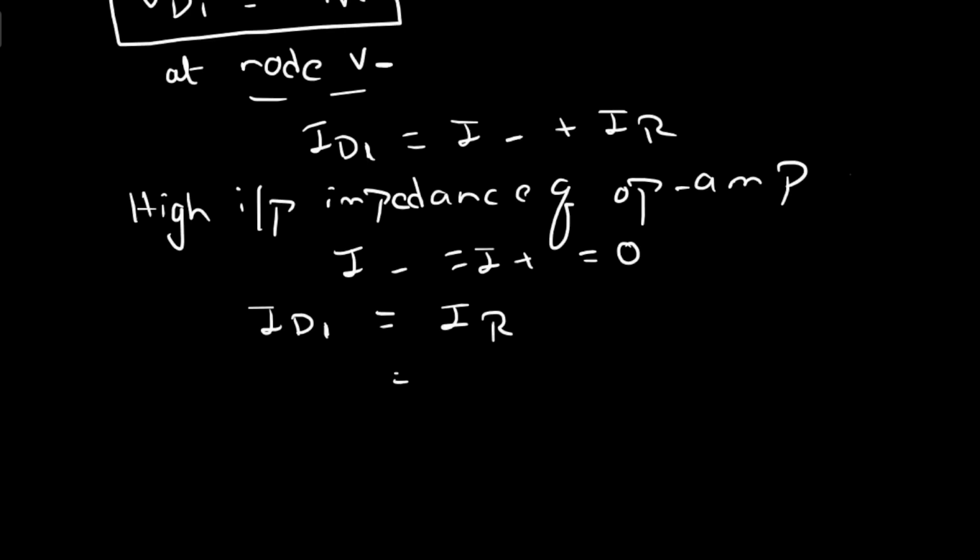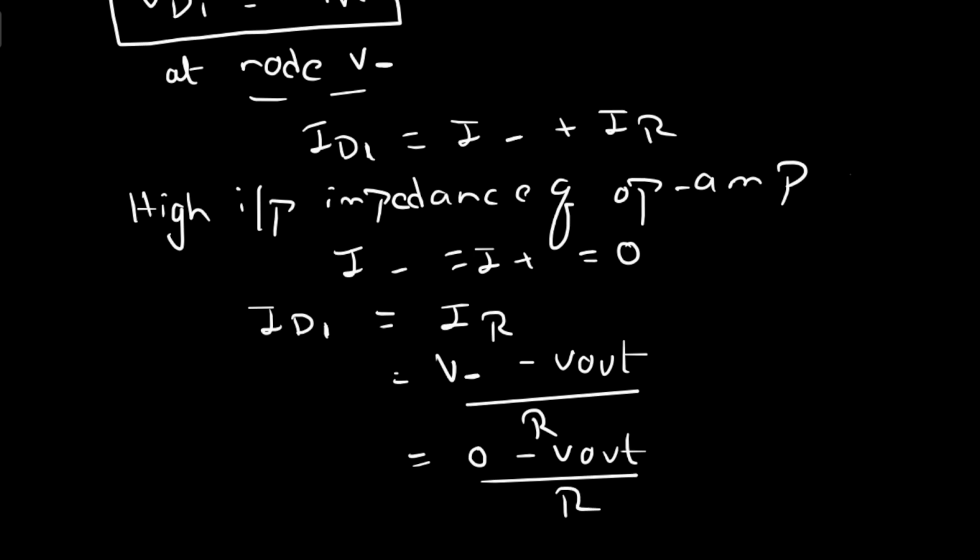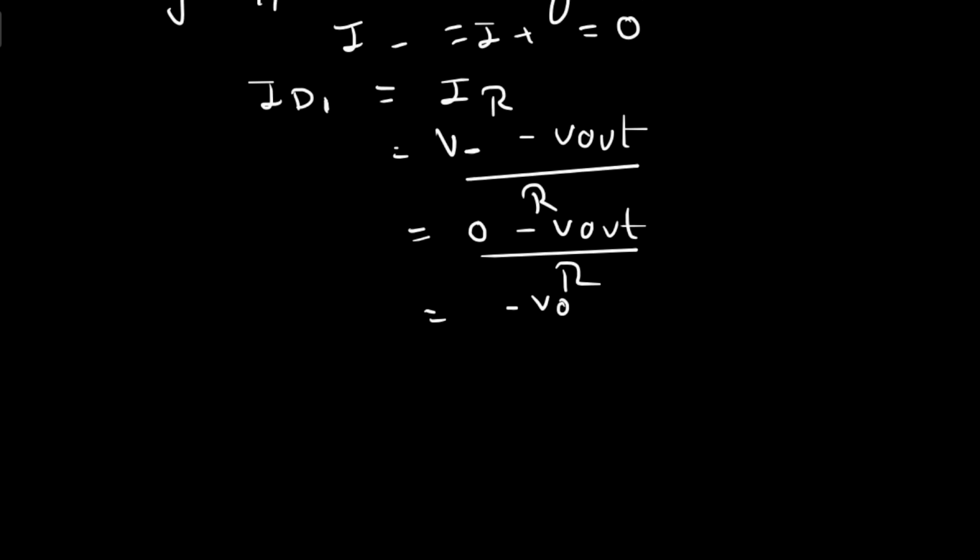So, V minus minus V out is nothing but voltage drop across the resistor R. So, according to the virtual ground concept, V minus equal to 0. Now, you can write it as 0 minus V out by R, which is equivalent to minus V out by R. ID1 equals to minus V out by R.